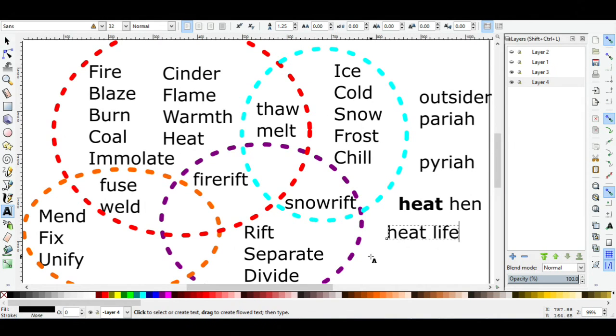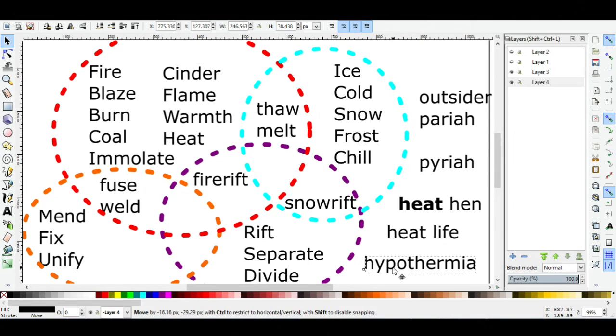There's already something called hypothermia. I asked around, anybody know any words that mean extreme temperatures, not necessarily hot or cold, just the far extremes? I didn't get any useful responses.